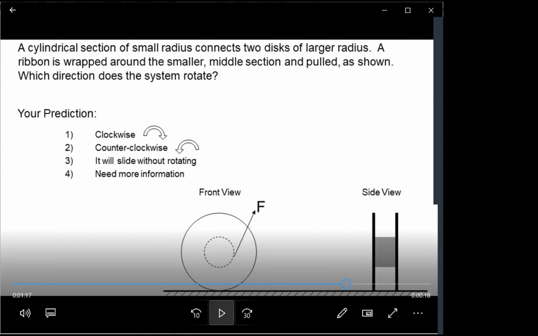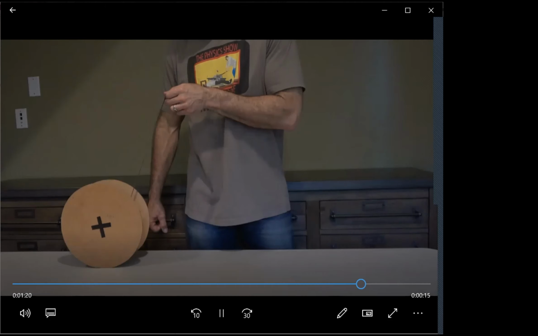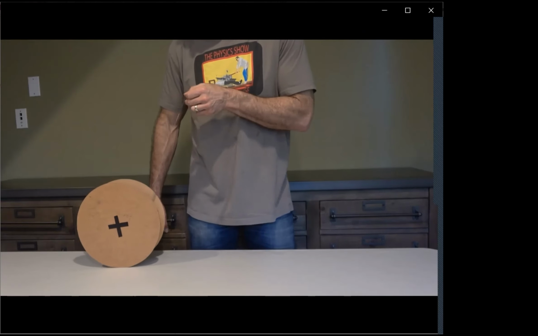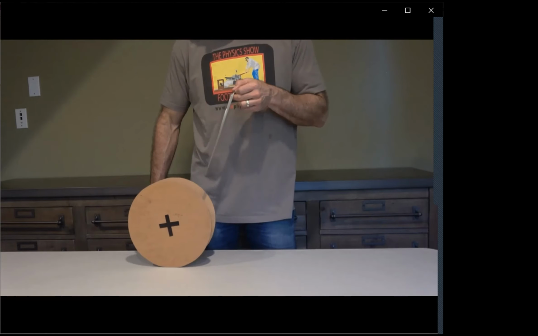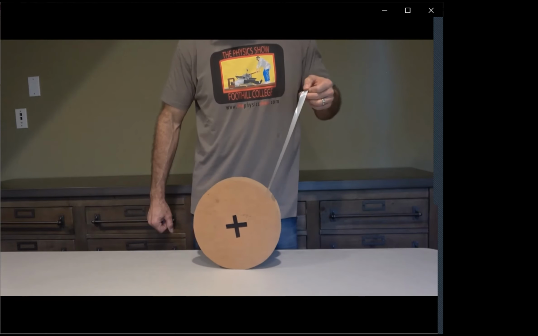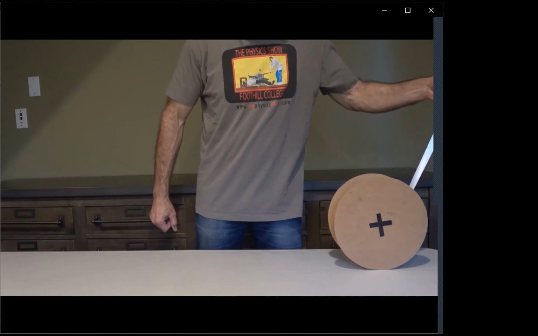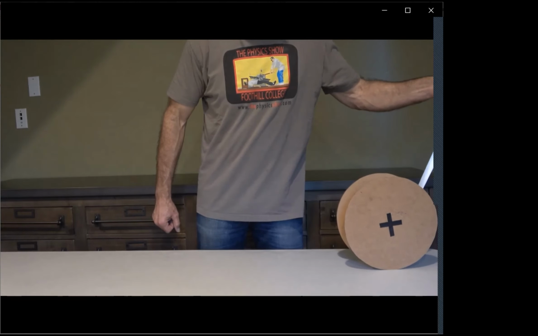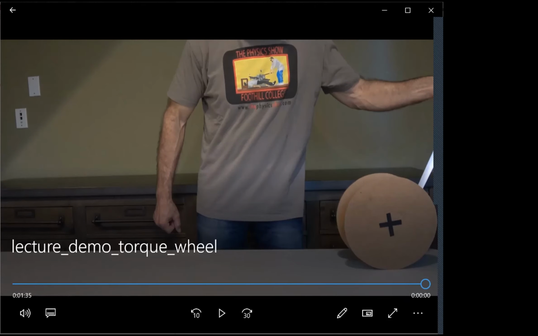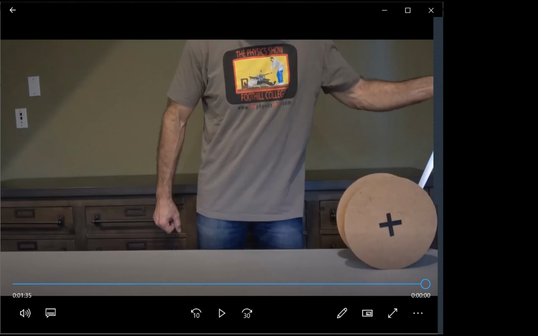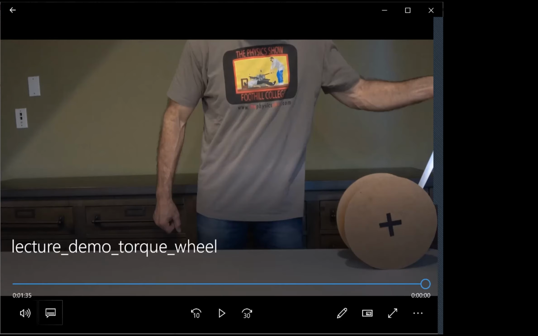It's supposed to go through the axis of rotation. Okay. We good with this one?